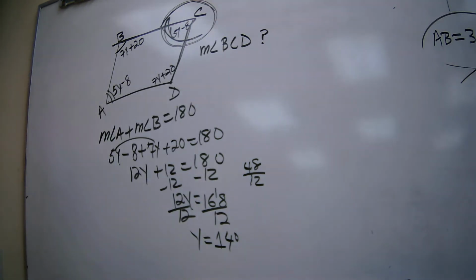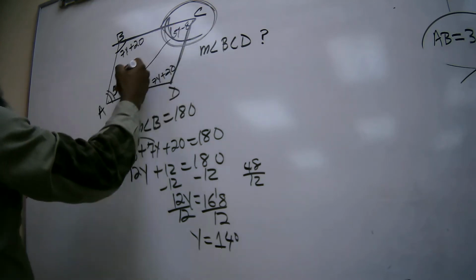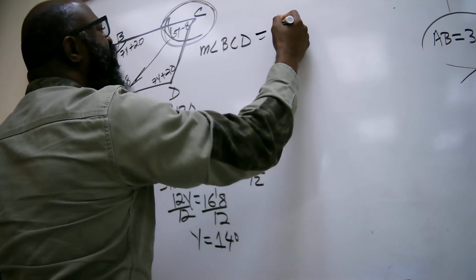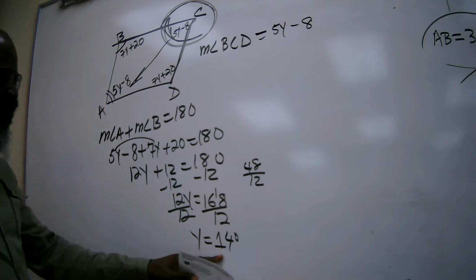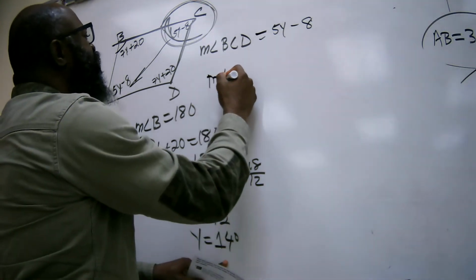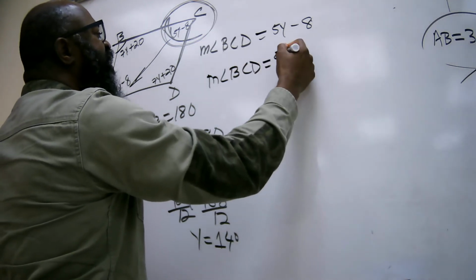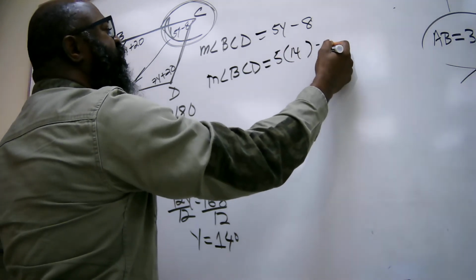Since I know angle A is equal to angle C, I can replace it with 5y minus 8. That's the expression I'm looking for. Then I know y is 14. Then I will have to use substitution. The measure of angle BCD is 5 times 14 degrees minus 8.